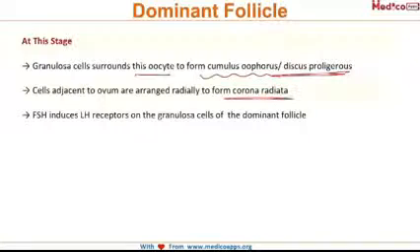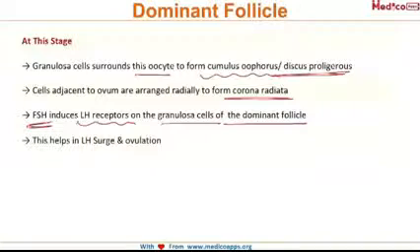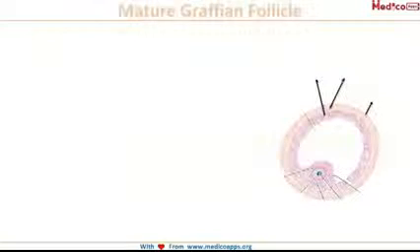Then the third important thing that happens during this phase is that the FSH induces LH receptors on the granulosa cells of the dominant follicle, and this will finally help in the LH surge, and subsequently ovulation will occur. So let me explain this by the diagram.